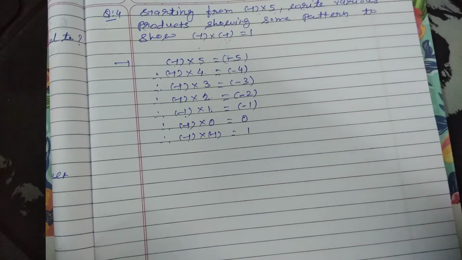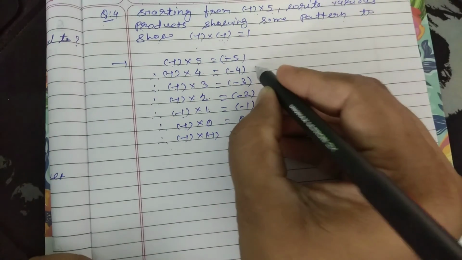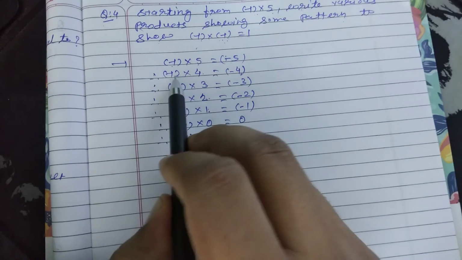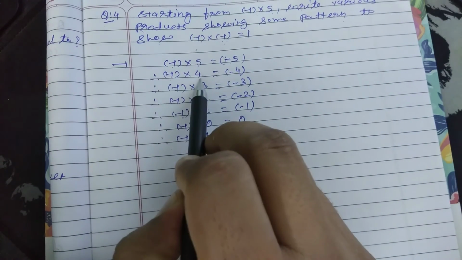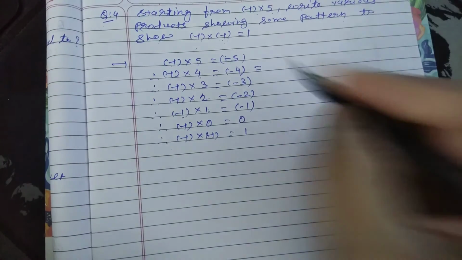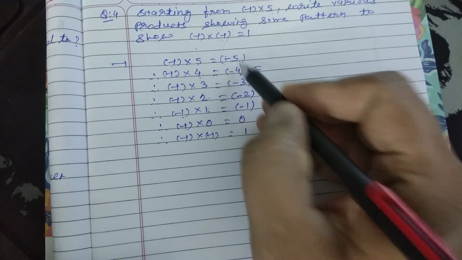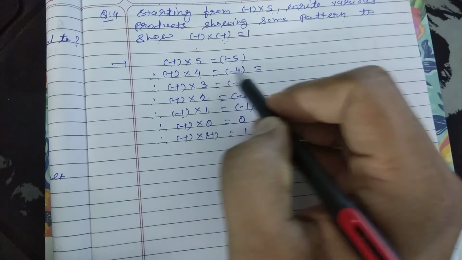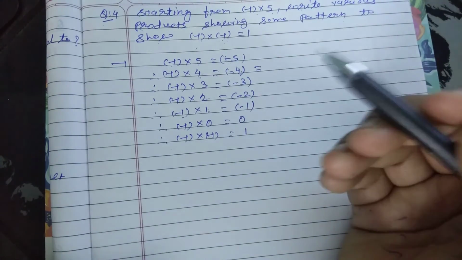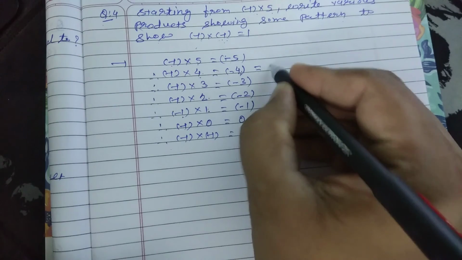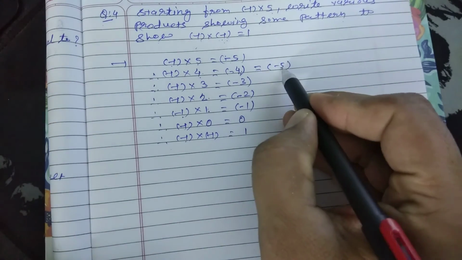Now we have to find the pattern, and that pattern we have to write. So we will start with the second simplification, minus 1 multiplied by 4, which is equal to minus 4. When we compare these two answers, here minus 5, here minus 4. So how is minus 4 written using the above answer, minus 5?